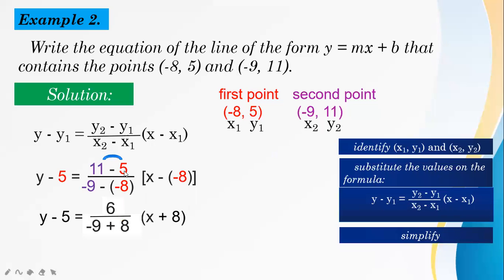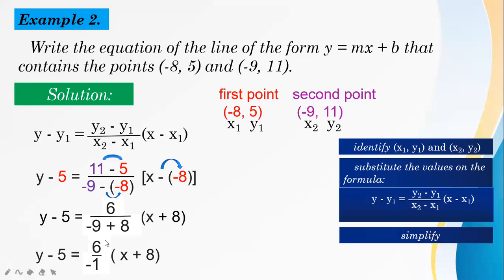11 minus 5 is 6. Negative negative is positive 8. Negative multiplied to negative 8, positive 8. Then we have y minus 5 equals 6 over 6. So copy 6. Then negative 9 plus 8, unlike sign.